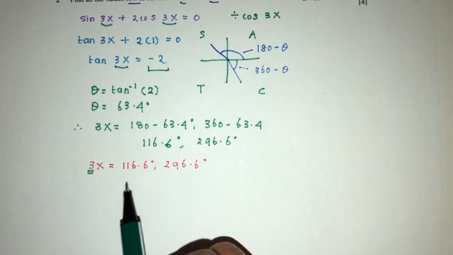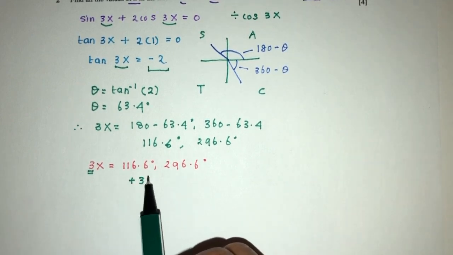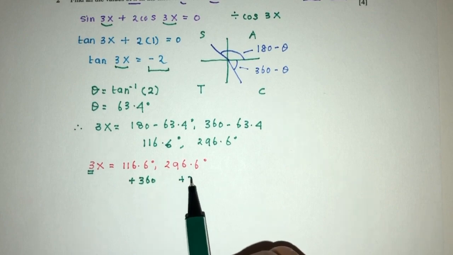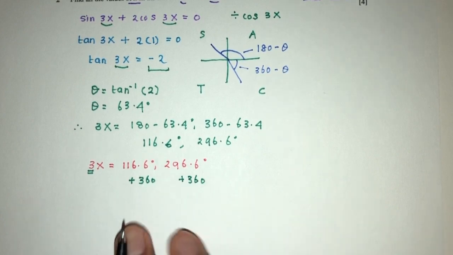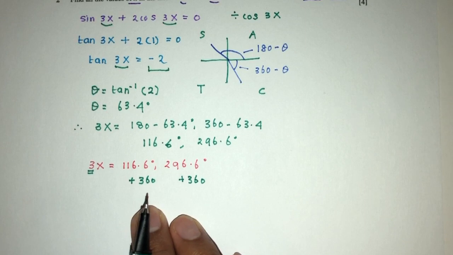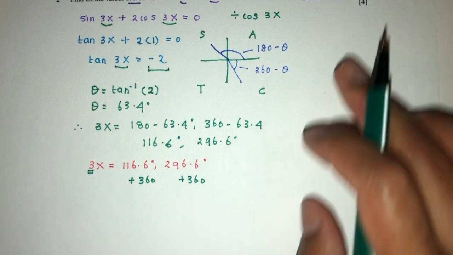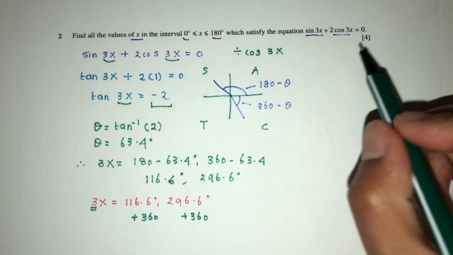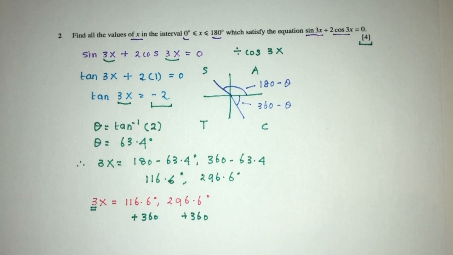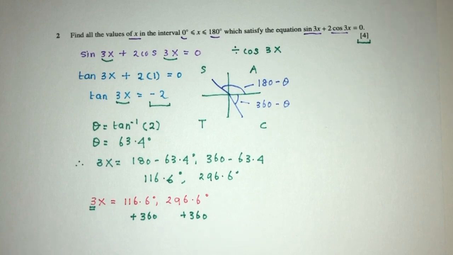We have to add 360 to this one and 360 to this one. The reason we do this is because we don't want to miss any values that are also available for our equation. Usually for 4 marks, they will give you a few marks for these values.